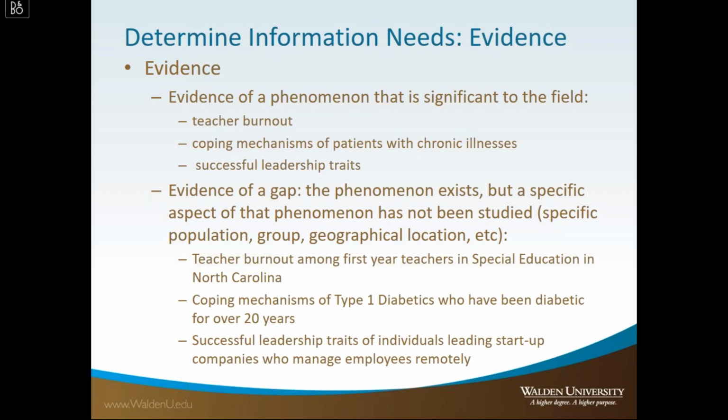So what we're looking for in this case is evidence that there is a phenomenon that's significant to the field. And this is a very broad idea. So for example, these are actual subjects that I've seen students researching: teacher burnout, coping mechanisms of patients with chronic illness, successful leadership traits.